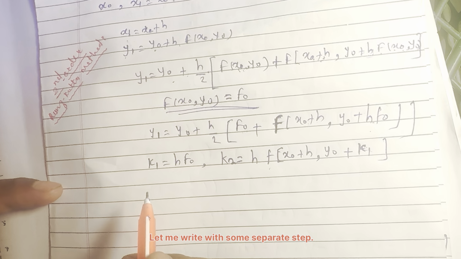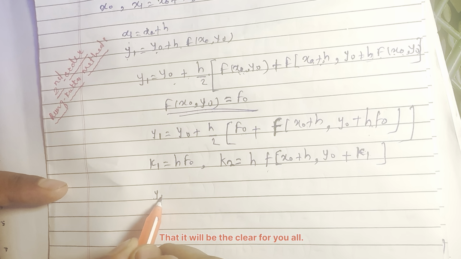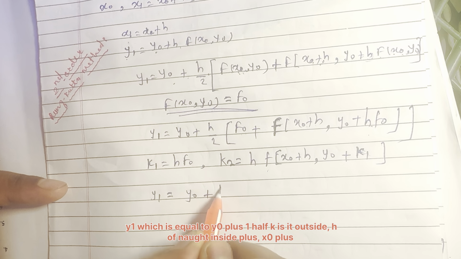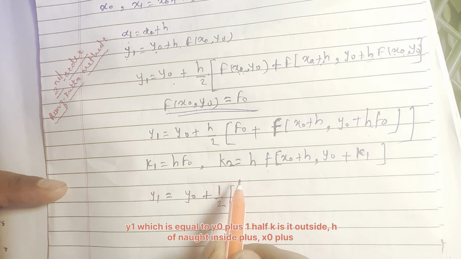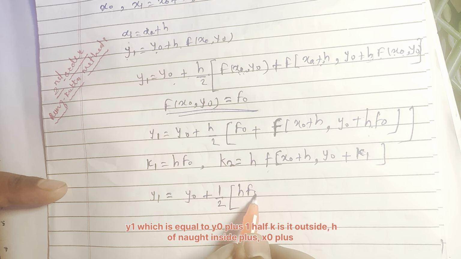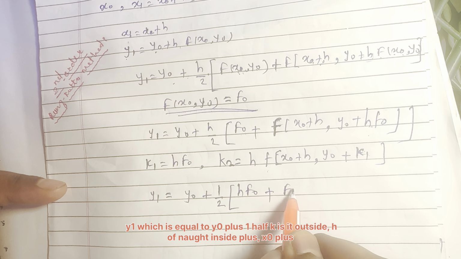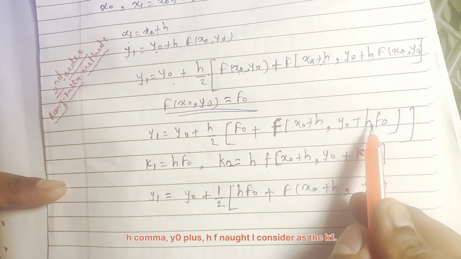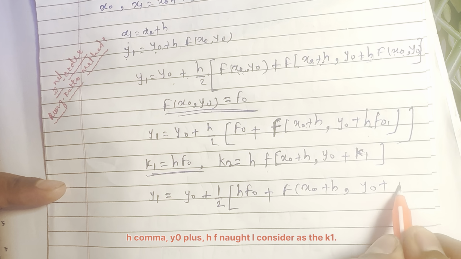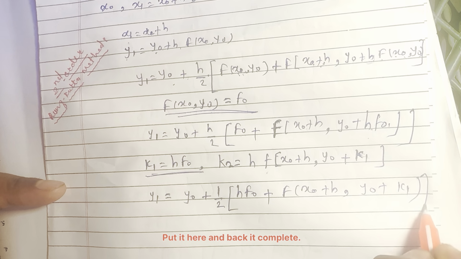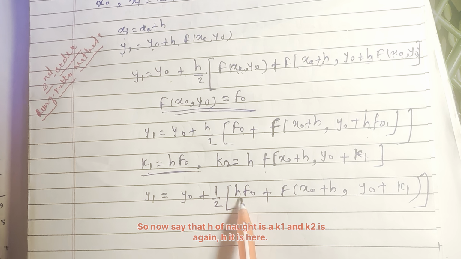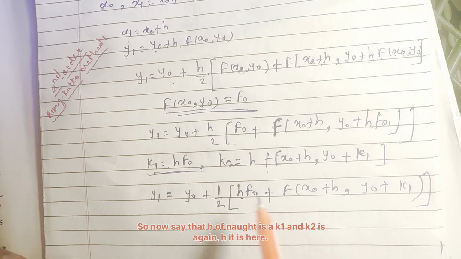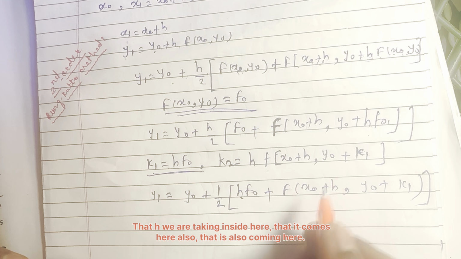Let me write it in separate steps so that it will be clear for you all. y1 is equal to y0 plus 1/2, keep it outside, h f0 inside plus f of x0 plus h, comma y0 plus h f0 which I consider as k1, put it here and bracket complete, okay. So now see that h f0 is k1, and k2 has h here, which we take inside, so it comes here also.